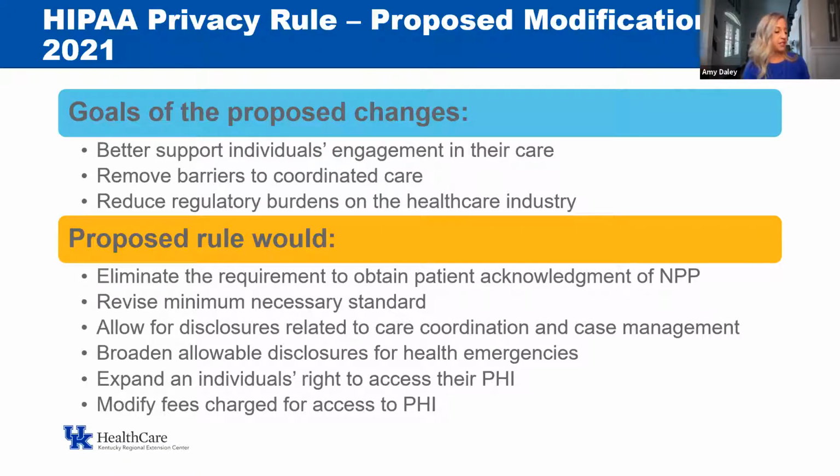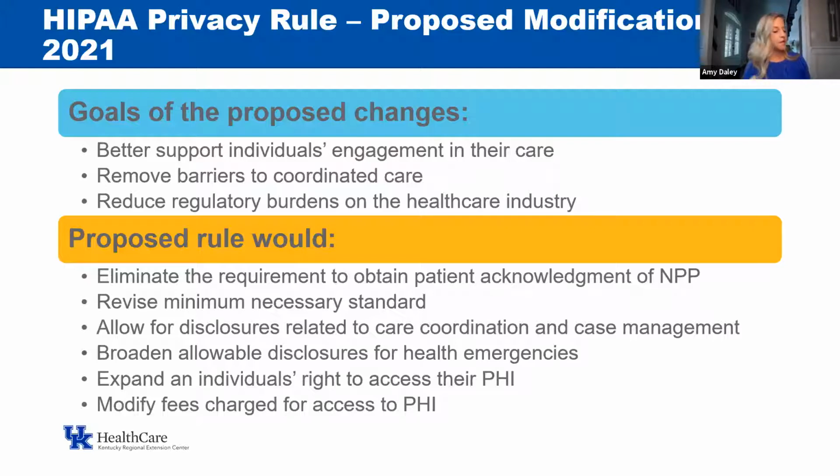However, even though patients wouldn't have to sign that they've received the NPP, the rule is proposing to modify the content requirements of the Notice of Privacy Practices to clarify an individual's rights with respect to their PHI and how to exercise those rights.